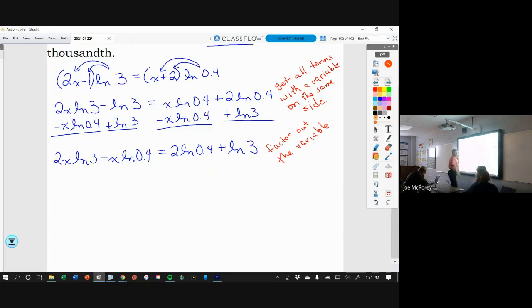Put those two notes on the side, guys. Super important when you're doing this. Factoring out the x, I have 2 natural log of 3 minus natural log of 0.4. I factored it out.